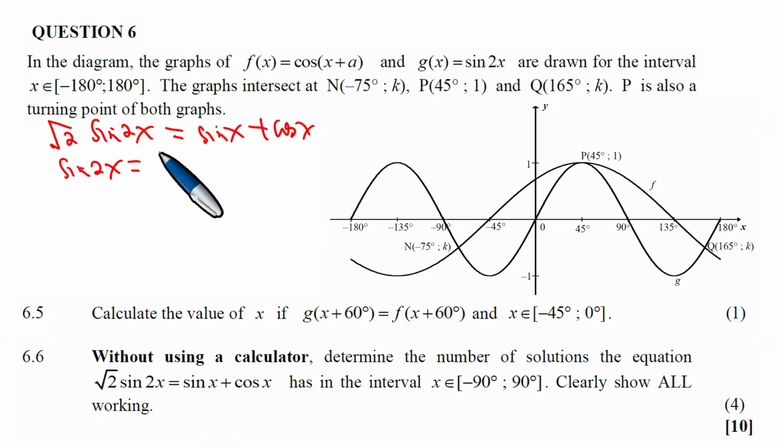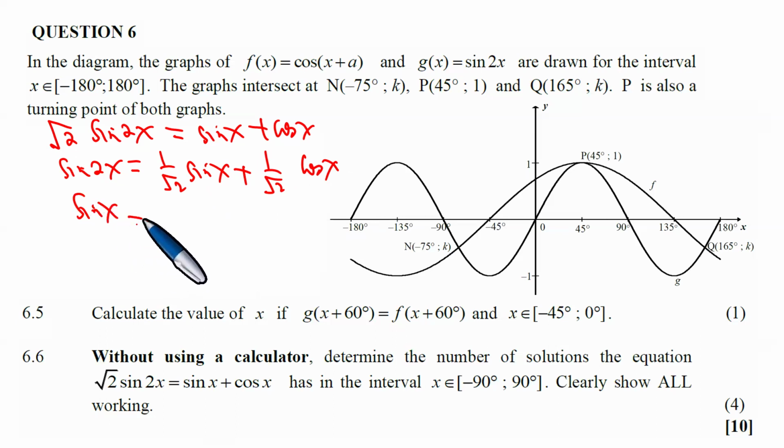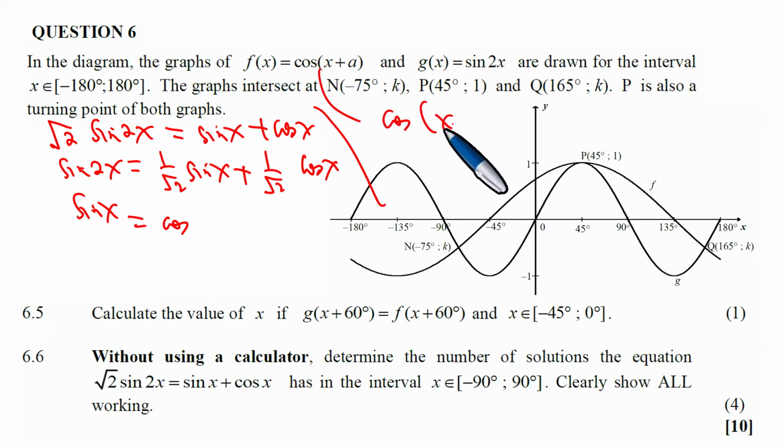Sine 2x is divided by the square root of 2, so sine x plus 1 over the square root of 2 cosine x. And this thing here is just the same as, because we had here that this cosine was x minus 45 degrees. So this one is x minus 45 degrees.